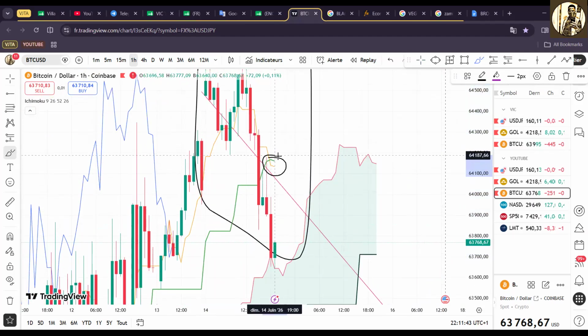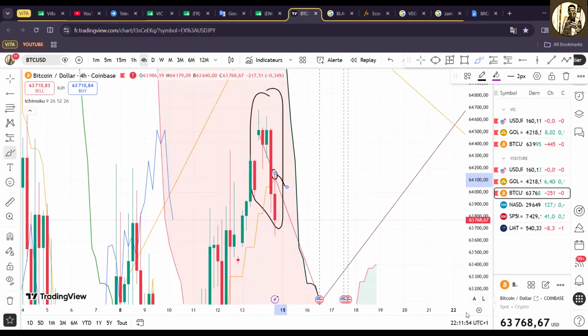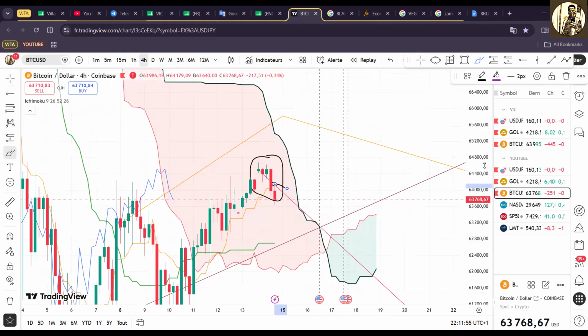It means that we are already ready to go to the downside. So any touch of the Kijun on 1 hour is a good touch for the price for a sell.